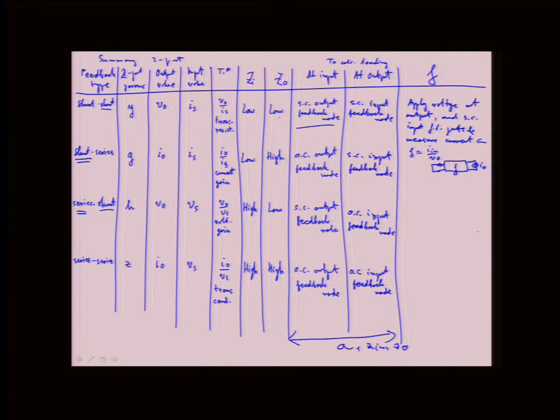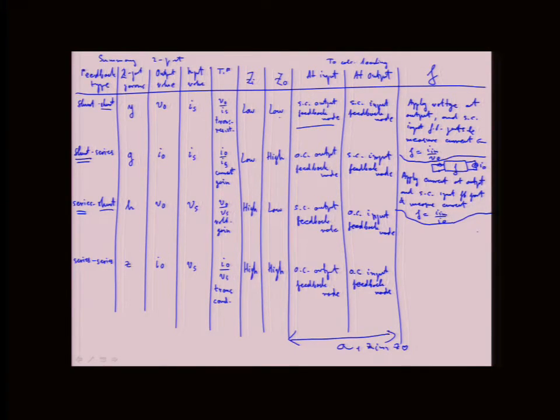Okay, so in this case, we apply current at output and short circuit the input feedback port and measure current. In this case, F is I in over I out. Getting a little bit ugly, but hopefully we'll survive.